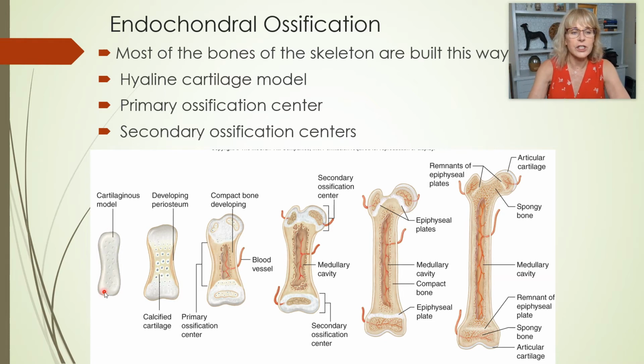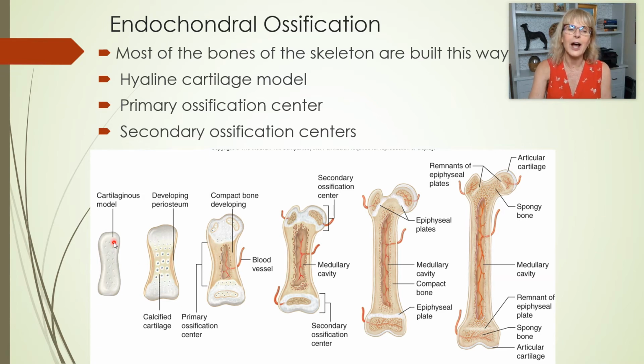Now, cartilage cells are called chondrocytes. But when you were still inside of your mom, some of those chondrocytes said, I'm not satisfied being a chondrocyte. I want to be an osteoblast. And they turned into osteoblasts, and they started releasing the kind of matrix that would attract calcium and phosphorus.